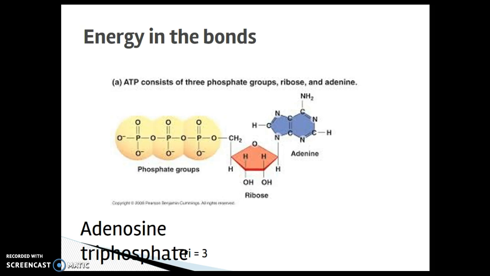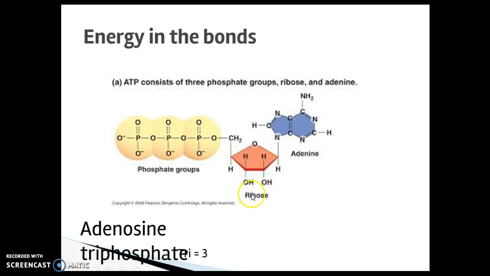So starting here with ATP, we're going to talk about what it is made up of. ATP, adenosine triphosphate, the mouthful, adenosine triphosphate. It has an adenine molecule, that is right here, adenine.